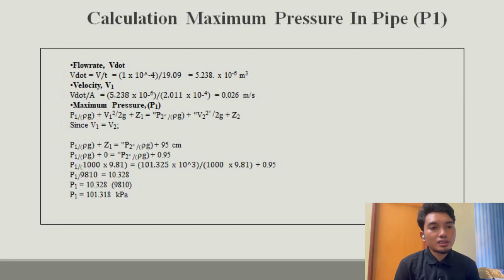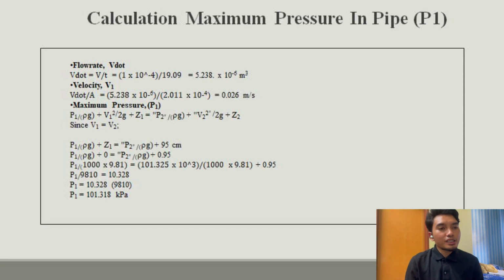So the answer is 5.238 multiplied by 10 to the power of negative 6 meter cube per second. The velocity is the flow rate divided by area. So the answer is 0.026 meter per second.